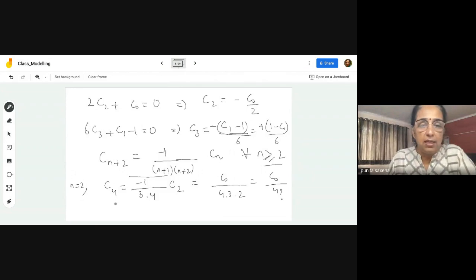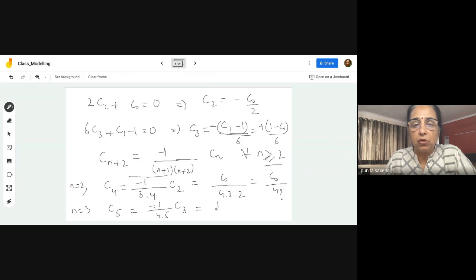Right? Similarly, when n is 3, you get C5. C5 will be how much? Minus 1 upon 3 plus 1, 4 into 5 into C3. But C3 is this, right? So your C5 is going to be minus into minus plus.